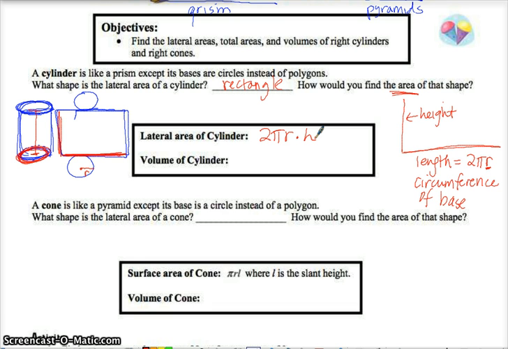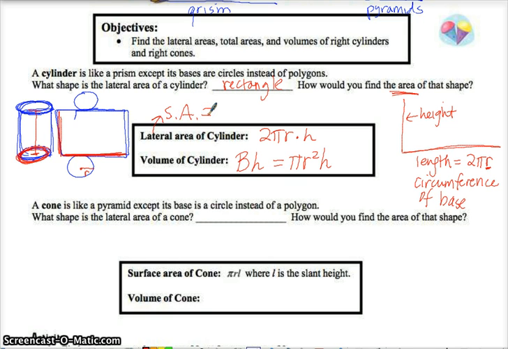Volume of the cylinder, well, that's the same as anything else. It's going to be the area of the base times height. But if you want to be more specific, the area of a base, well, it's a circle. So more specifically, it's pi r squared h. Now what would the surface area of a cylinder be? Well, that would be the lateral area plus, right, the surface area, which I didn't put in here for some reason, kind of silly of me.